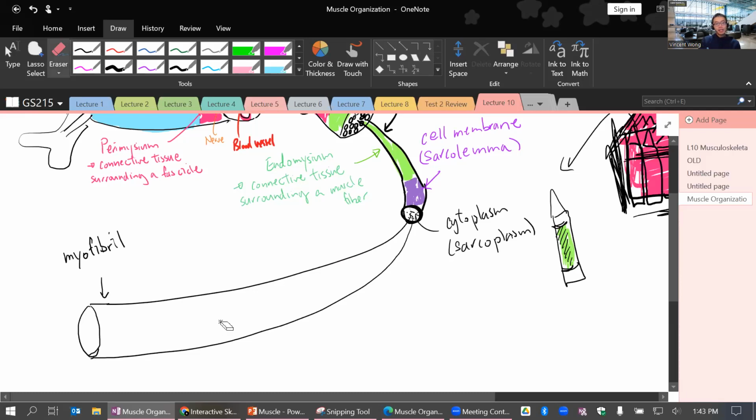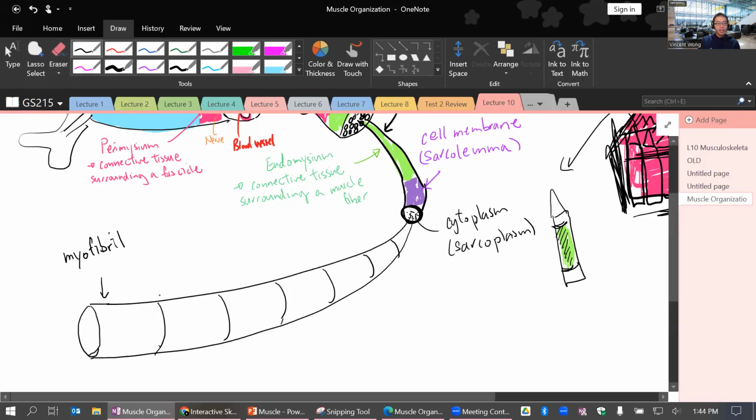So what is in the myofibrils? Well, the myofibril is actually chopped up into many, many repeating units. It's kind of like having sushi: it's a whole roll, and then you cut it into little rolls, and each roll is identical to the previous one.